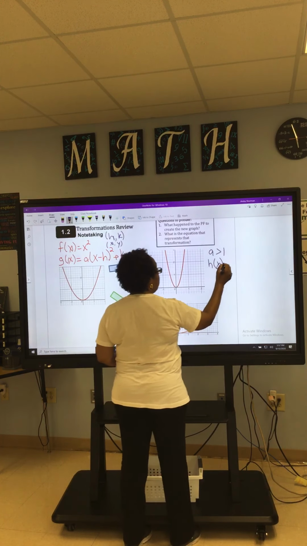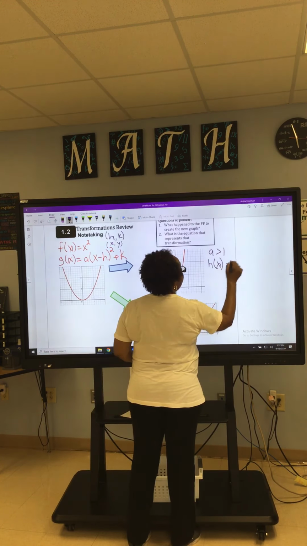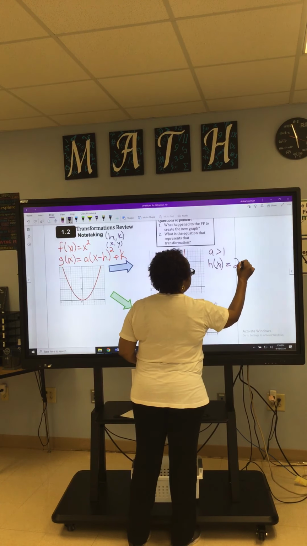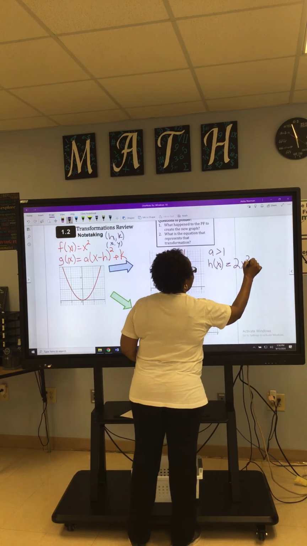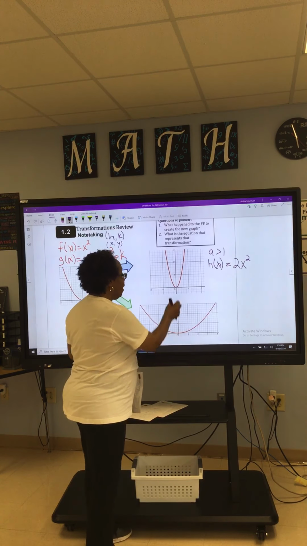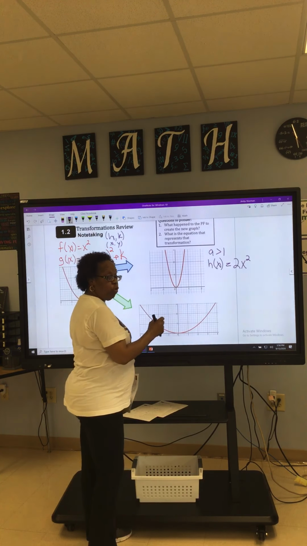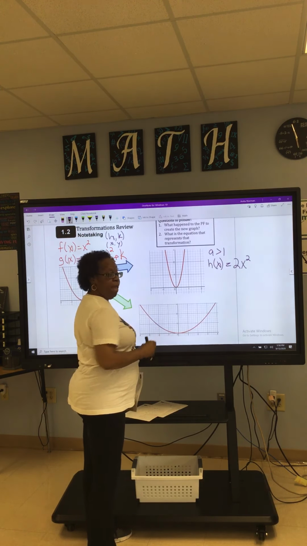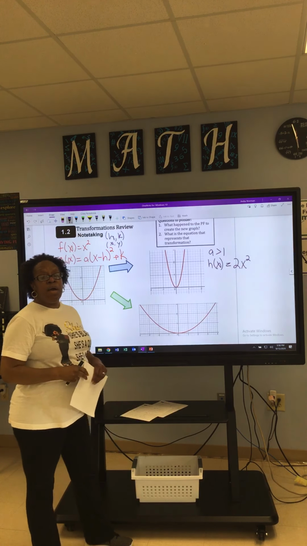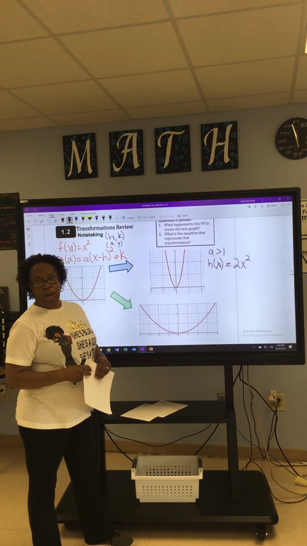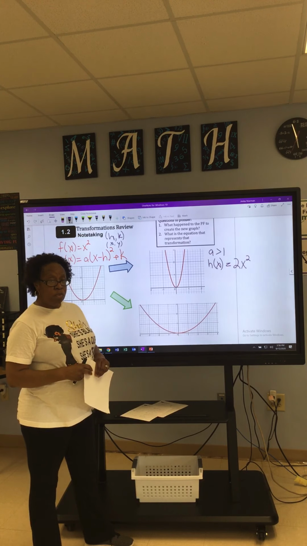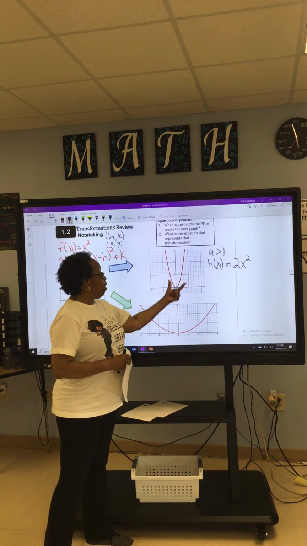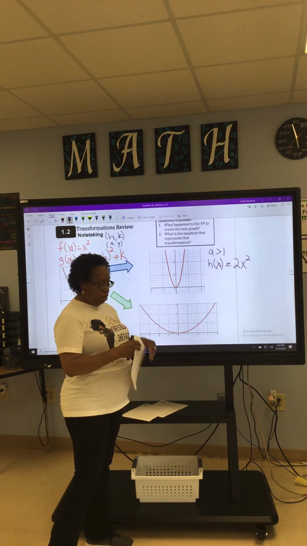So h of x here, we've multiplied this function by 2, which makes it stretch. It stretches up and away from the x-axis. That's where we get that term. In Algebra 1, you might have learned the term more narrow. Same concept, but it's stretching away. It's becoming more narrow, okay?